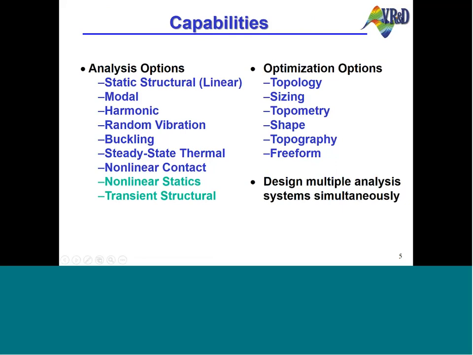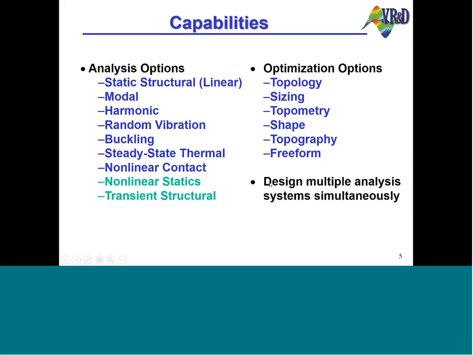About the capabilities of the Genesis extension, Genesis can optimize for these analysis options. It can optimize for static structure, modal, harmonic, random vibration, buckling, thermal, and nonlinear contact. And with the integration with the ANSYS solver, it can also optimize for the nonlinear static and the transient structure.